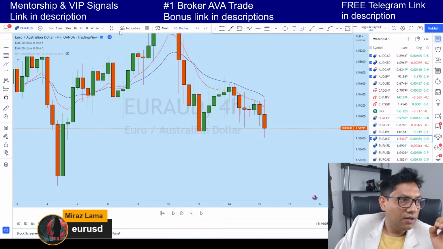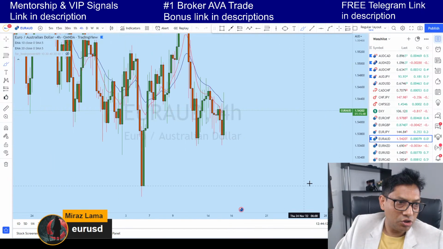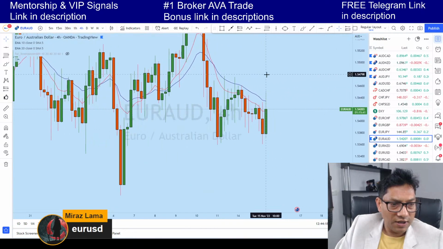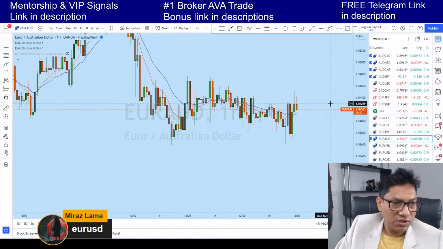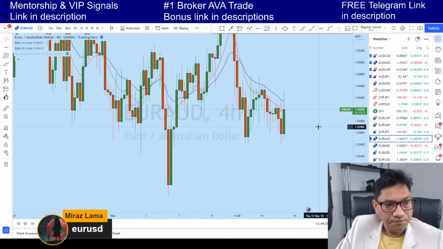But we see the next one is just manipulation to hit hundreds of stop losses, and it did that. You see that it created a fake move to the upside. If you look at the 1 hour candle, it created a fake move to the upside, and now the price is rejecting.